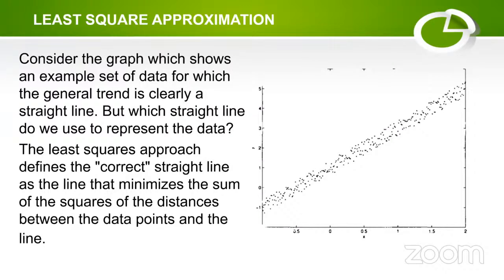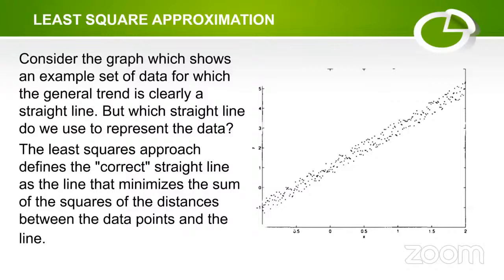After we collect our data, we have this graph with different nodes, and there's no way we can connect them all together to get a proper trend to make a proper analysis. So what the least square approximation does for us is that it gives us a way whereby we can form a straight line to get a proper trend out of the data points we have on the graph.